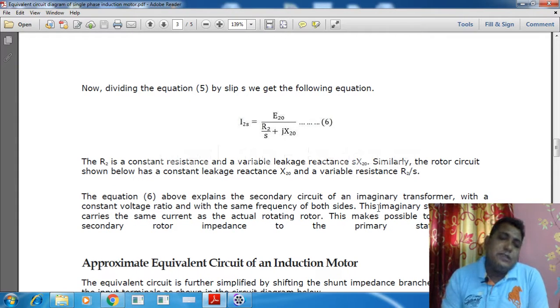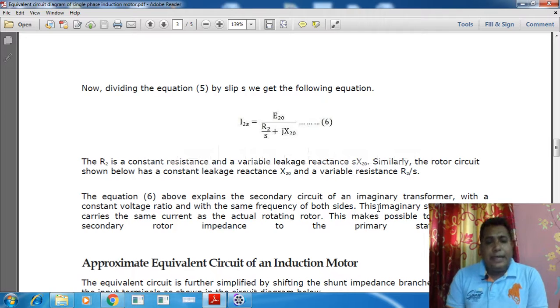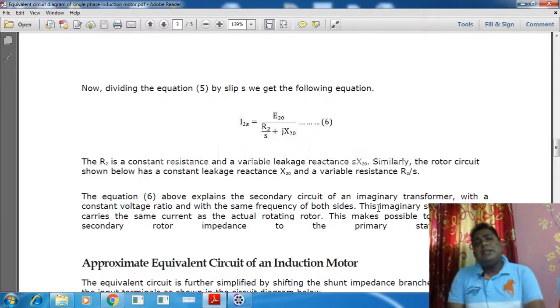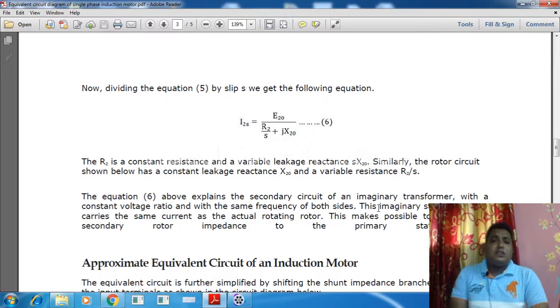Here R2 by S is a variable resistance and X20 is a constant leakage reactance. Similarly, the rotor circuit shown below has a constant leakage reactance of X20 and a variable resistance of R2 by S. So the above equation explains the secondary circuit of an imaginary transformer with a constant voltage ratio and with the same frequency on both sides.